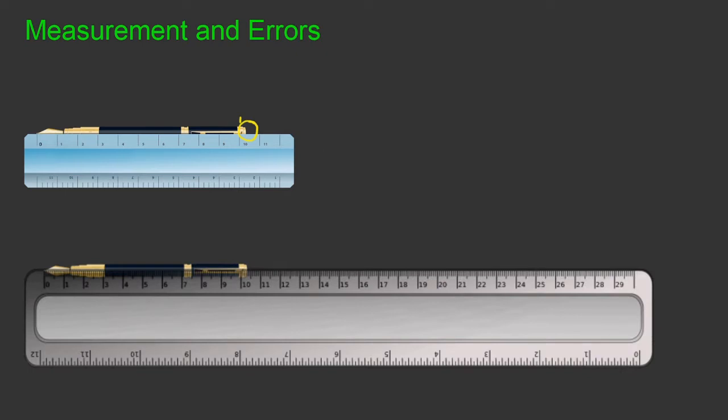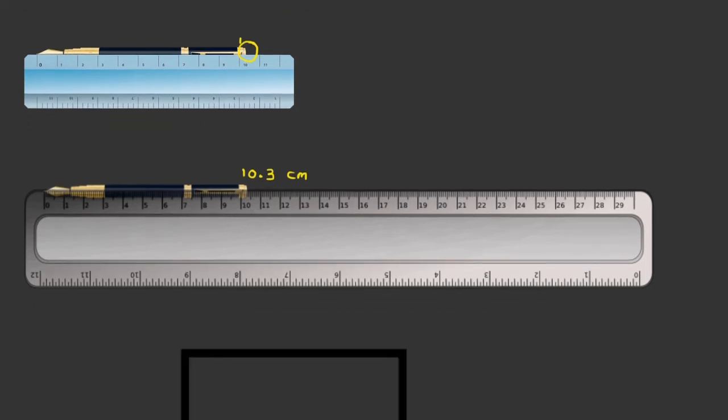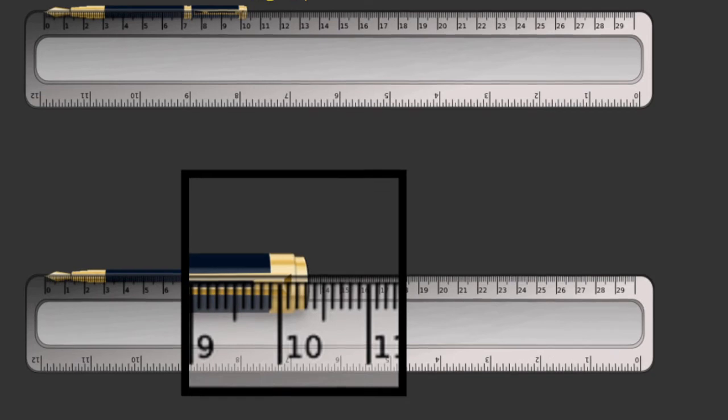If I measure the same pen with a millimeter scale on which millimeter marks are made, we get a measurement. By looking into this figure, we can say the measurement is 10.3 centimeter. It almost looks correct by just looking into it. Let us see a magnified picture of this one.